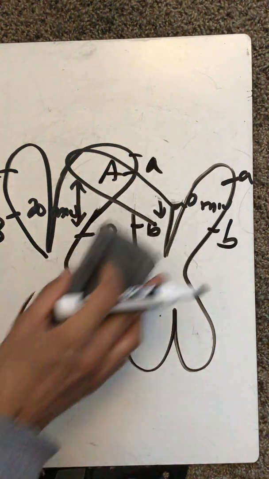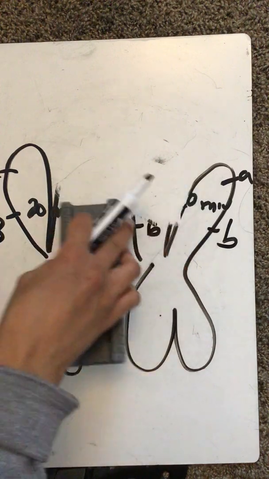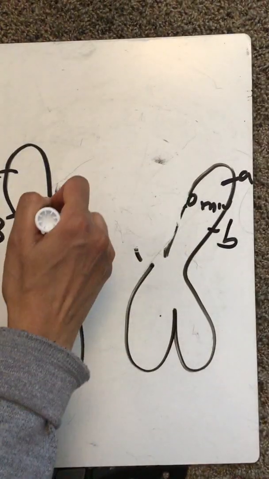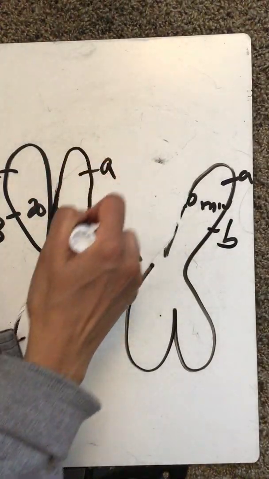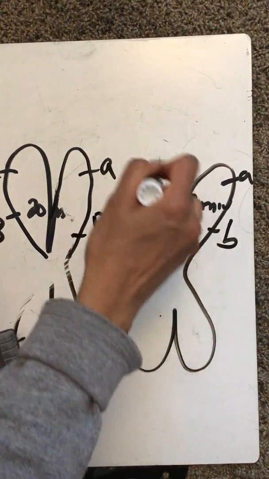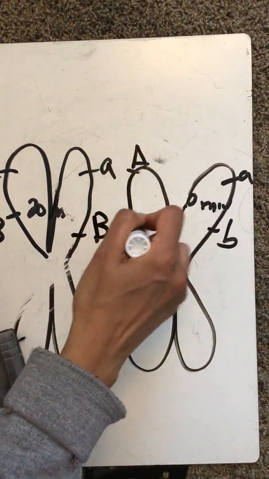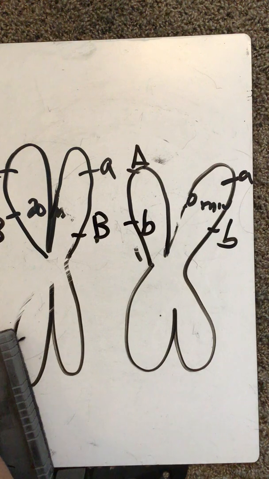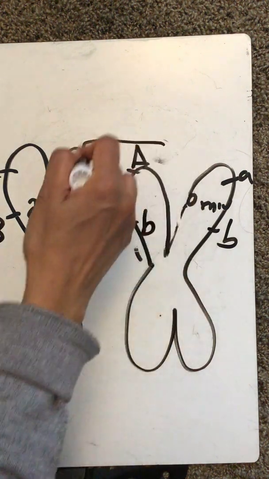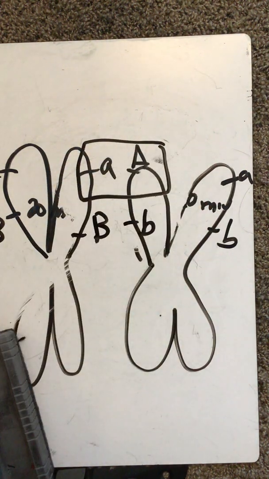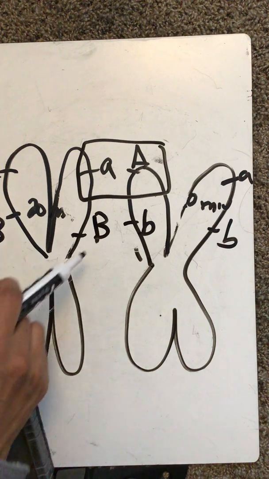They exchange genes, and the end result is little a here, big B here, big A here, and little b here.